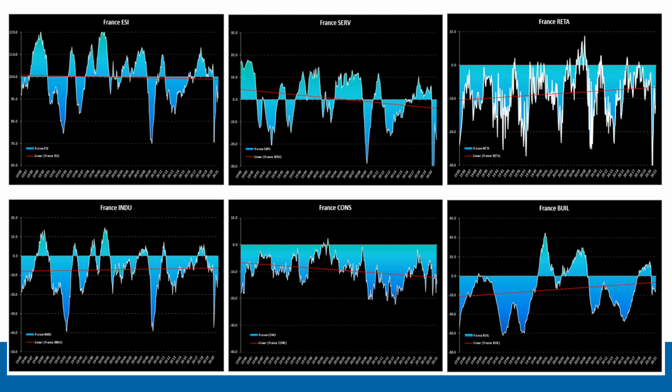Moving on to the construction sector, the most positive periods in history were in the late 90s and early to mid 2000s before the financial crisis. After the GFC, the construction sector in France didn't recover till end of 2017, beginning of 2018 in terms of sentiment.